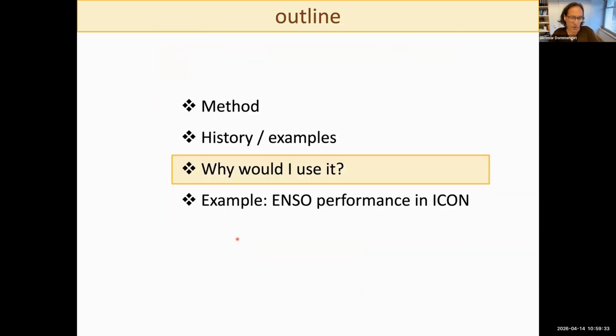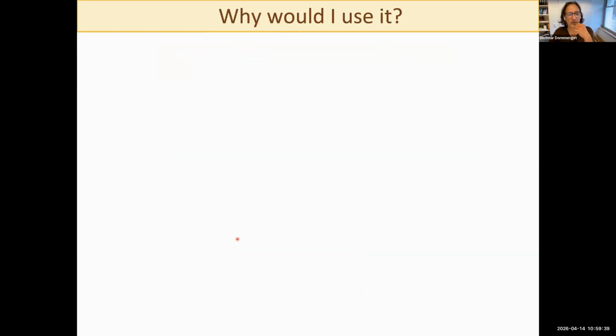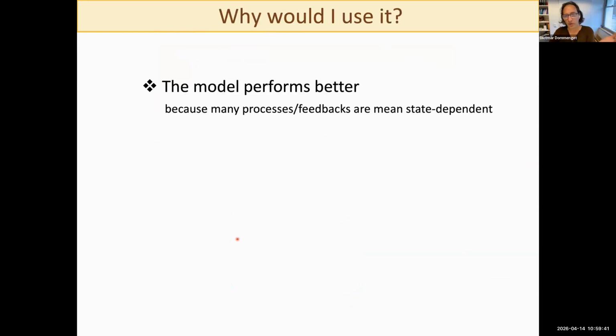Okay, so why would I use flux corrections? I'll give you a little bit of background, but you can already see where this is going. I think the argument for flux corrections is simply that your model performs better. There's no other argument. Whatever you apply it for and can test it for, the model will usually perform better if you flux correct it.